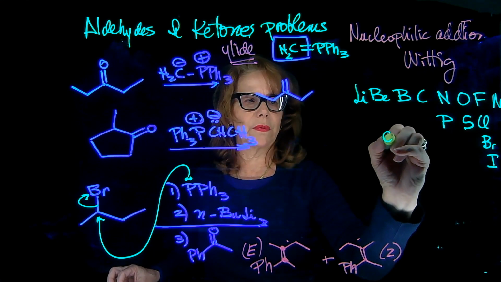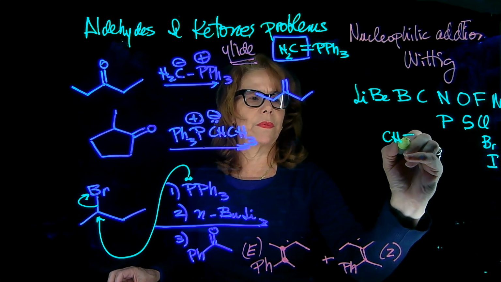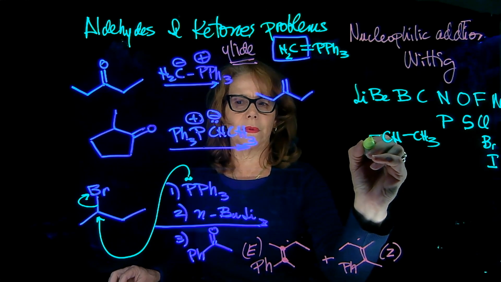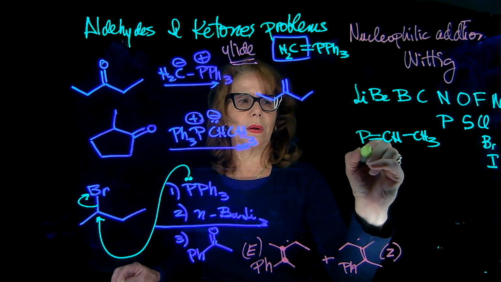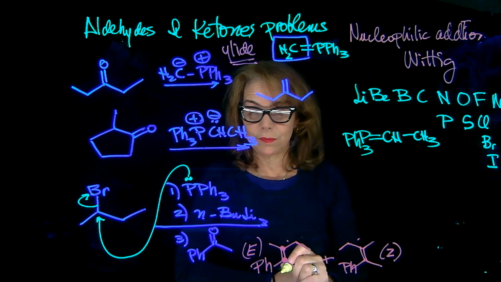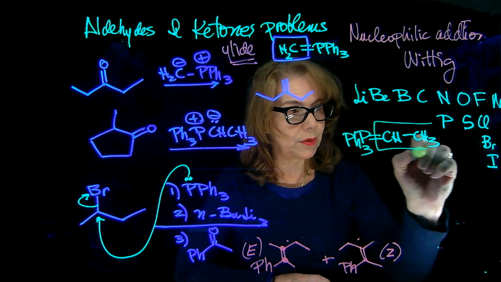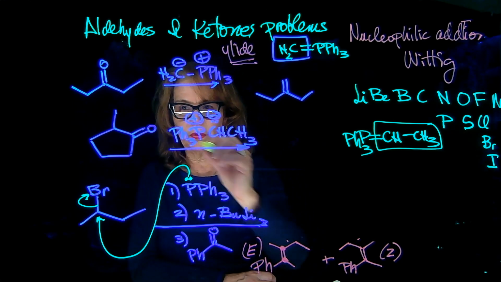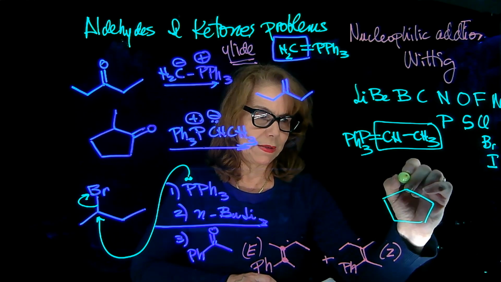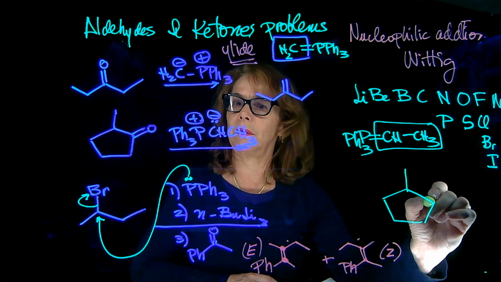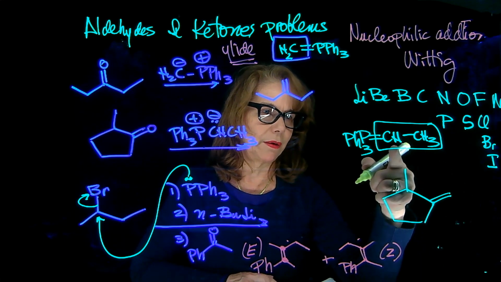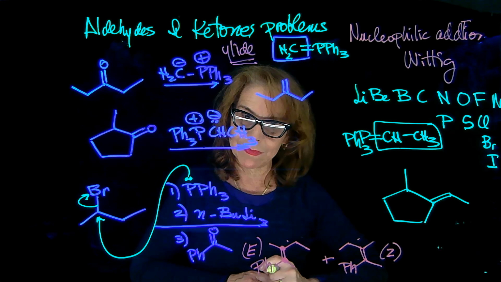So I will have CH3, and then I'm going to have a double bond to PPh3. Now what I'm doing is inserting this in place of the O. I'm going to keep my methyls here, and now here I will have an alkene, but now this is a CH, and I'm going to have a methyl group.